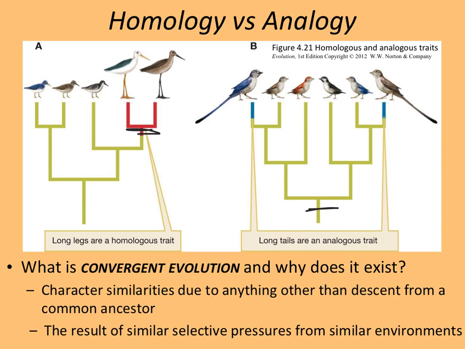It looks like these things evolved independently, or convergently, and not because of common ancestry. So remember, the ancestral trait was short tail, and these are now long-tailed, so they evolved independently.